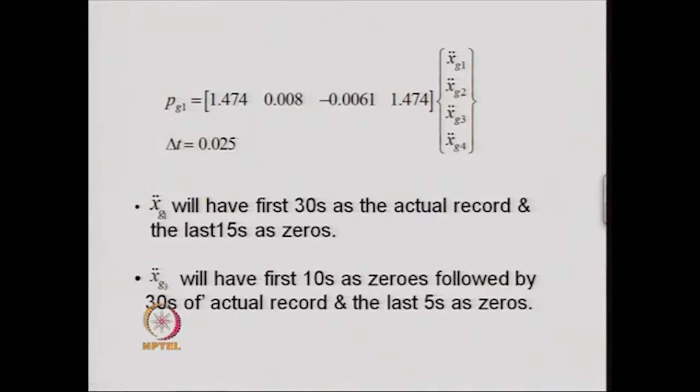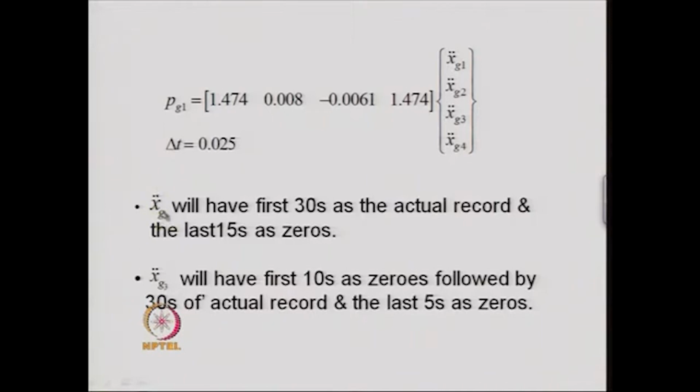Since we have 4 supports, we have 3 spaces in between, and if we assume that 5 seconds is the phase time lag between 2 supports, then the total record of the excitation would be 30 plus 15 seconds, that is 45 seconds.